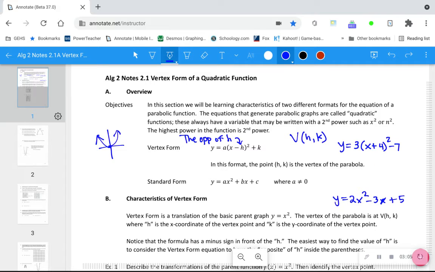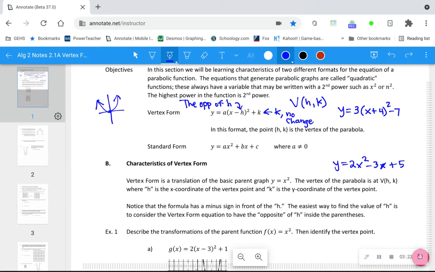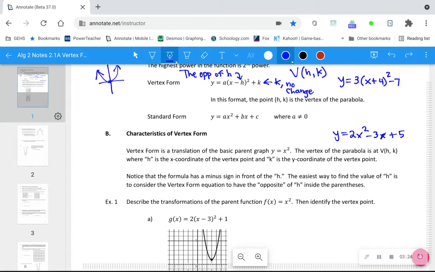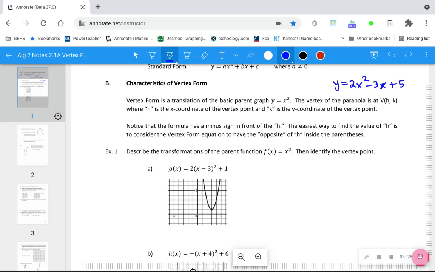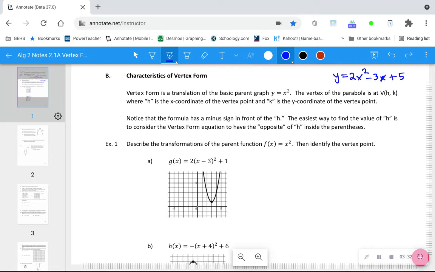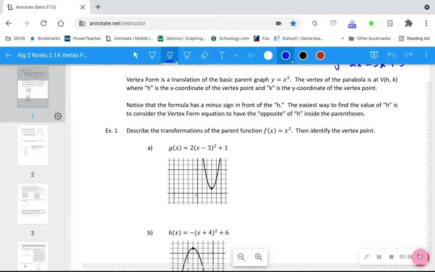And then the k value is right here, and there's no change on that one. So here the k value would be -7, and we'd have a vertex of (-4, -7). Okay, so the parabola's vertex is at (h, k). That's just an arbitrary choice. We assign h for the x value of the vertex and k for the y value of the vertex.